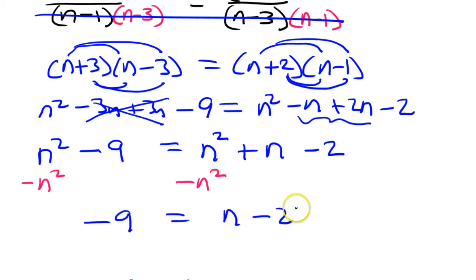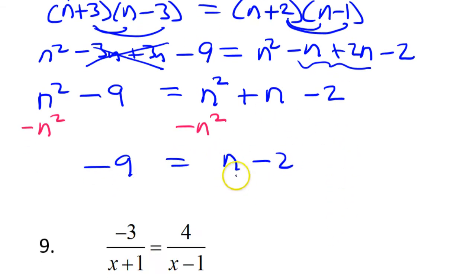I'm just bringing these down. So to get the n by itself, all I need to do is add 2 to both sides. I'm running out of space, so I'm going to put it over here. But that's just negative 7. Negative 7 is equal to n.